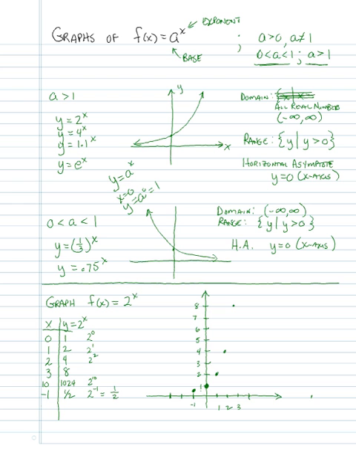If I choose x to be -2, you'll see real quickly that y is 2 to the power -2, which is 1 over 2 squared, which is 1/4. So y is 1/4 when x is -2. Well, that's right here. Okay. You see we're getting close to that x-axis. If x is -3, then y is 1/8. Well, here's where -3 is. 1/8 is even closer to that x-axis, isn't it?